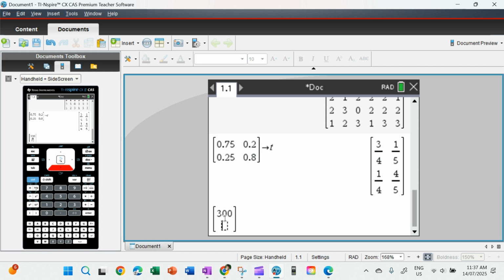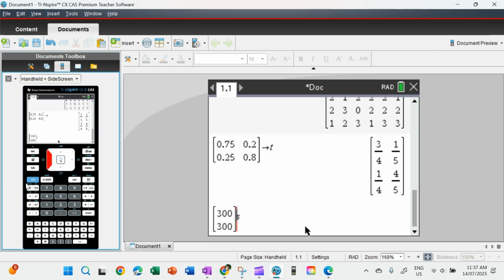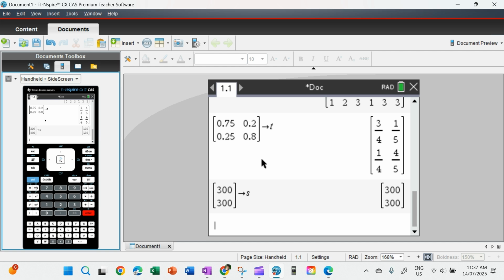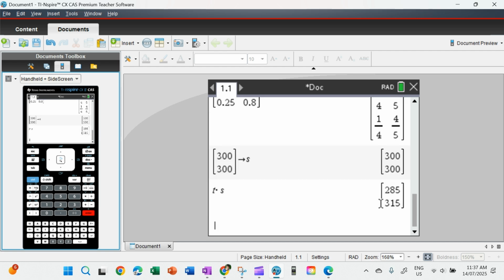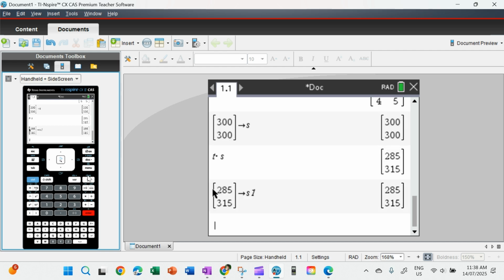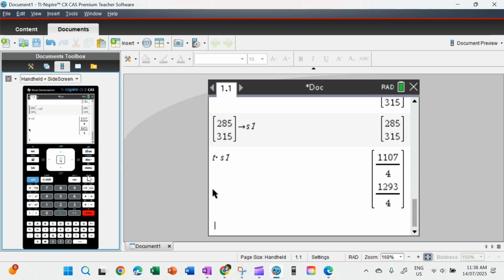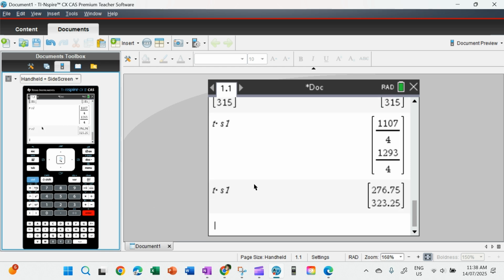Then we make the column matrix S: 300, 300, and store it as S. T times S equals 285 and 315. That's the first month. Now we store that as S1, and T times S1 gives the result after 2 months.